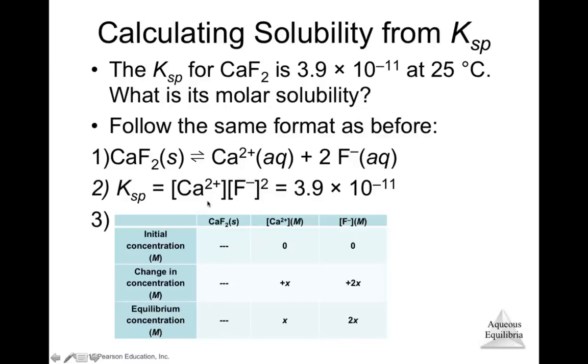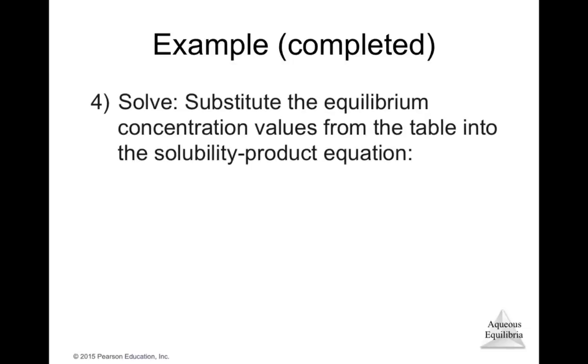Now remember that the expression of KSP we have here is squared. Okay, so that means that it will be 2X squared. So now if we solve by substituting the equilibrium concentration values from the table into the solubility product equation, we will have this value equals X, that represents the concentration of calcium, and 2X, that is the concentration of fluoride at equilibrium, squared.